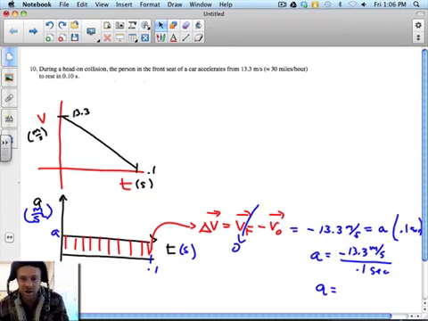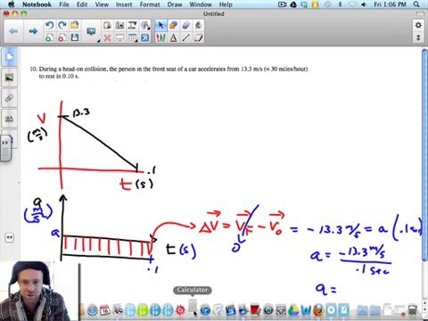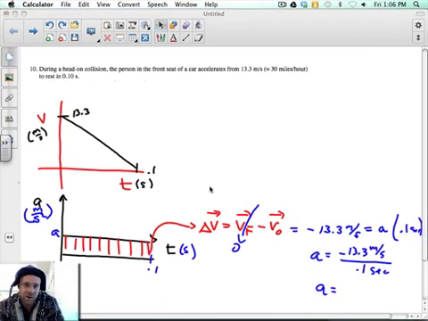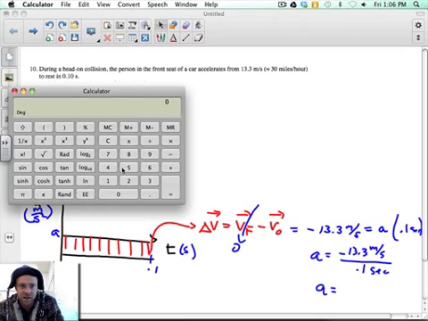Okay, so let's see what that acceleration is. I'll just go down to the calculator at the bottom of the screen and let's figure this out. 13.3 divided by 0.1 gives me 133. Oh, that makes sense.